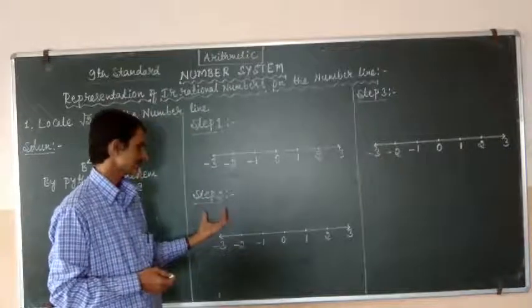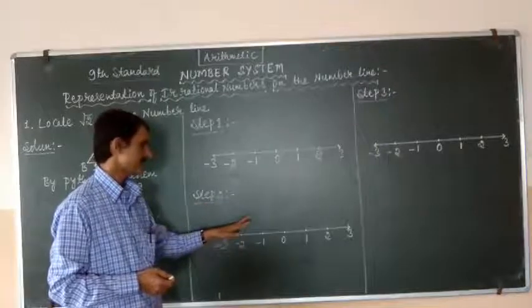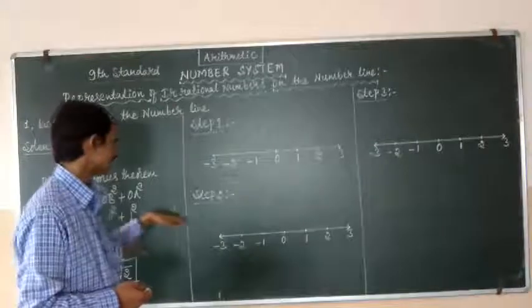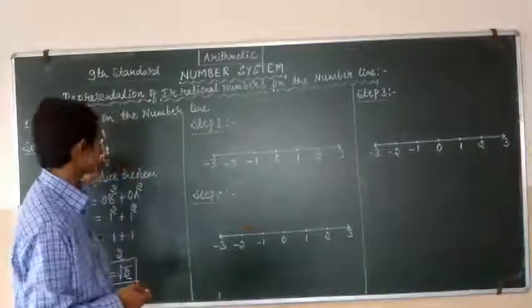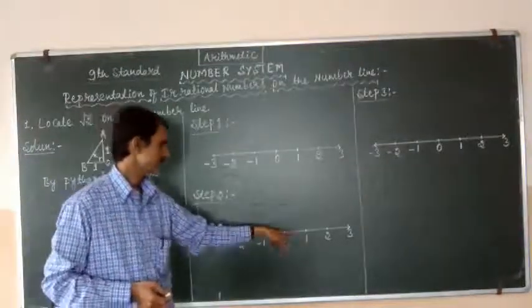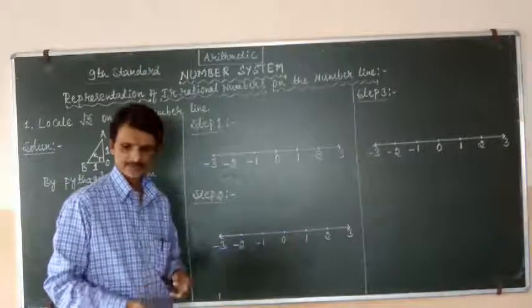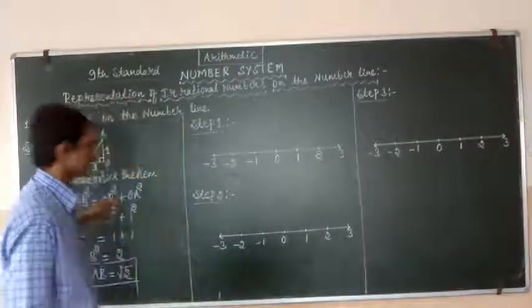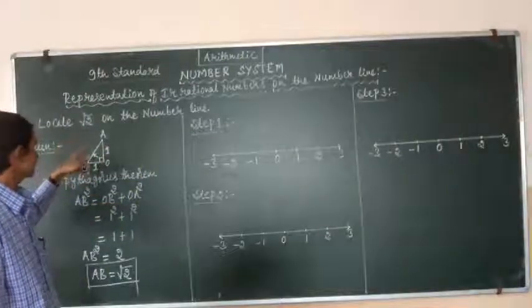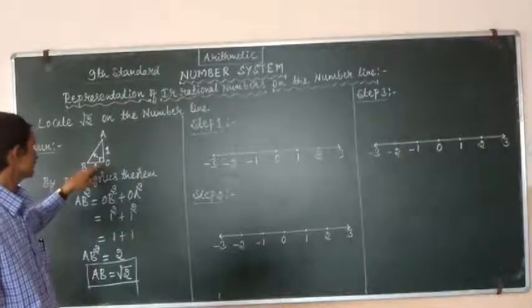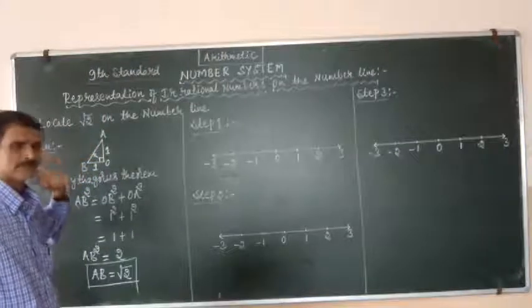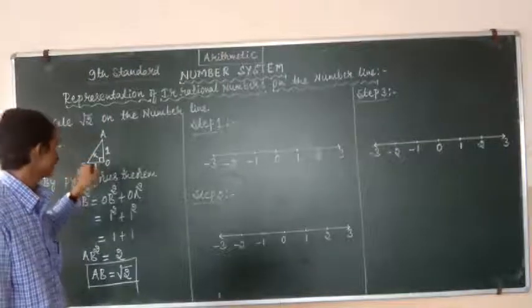In the second step, students, we have to draw a right angle triangle on the number line. Already in the problem we have taken the length of OB as 1 unit and the length of OA as 1 unit.